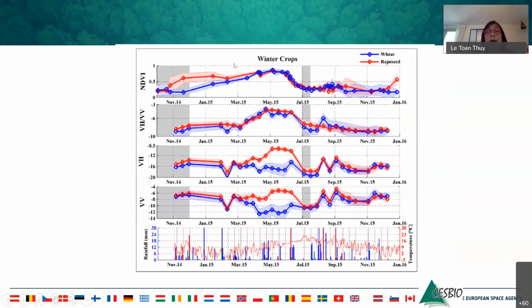And here the optical shows something like NDVI, the increase of the vegetation, for both of them, but at the beginning they are different because of the different growth of the plant. And just look at the leaf, and here we look at soil and vegetation.